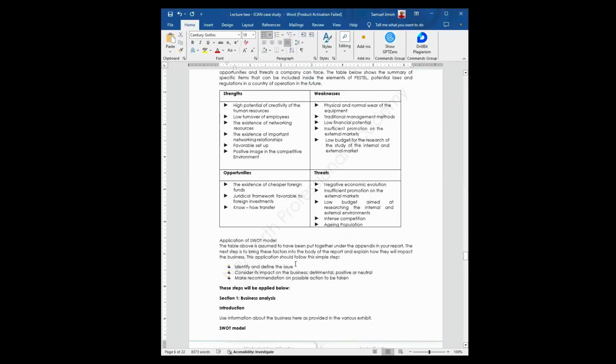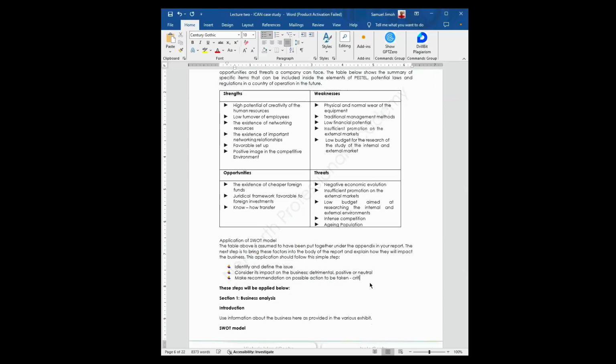Then consider its impact on the business, maybe detrimental, positive, or neutral. How will that issue impact on the business, and you should make recommendations on possible action to be taken. These are the three basic steps.